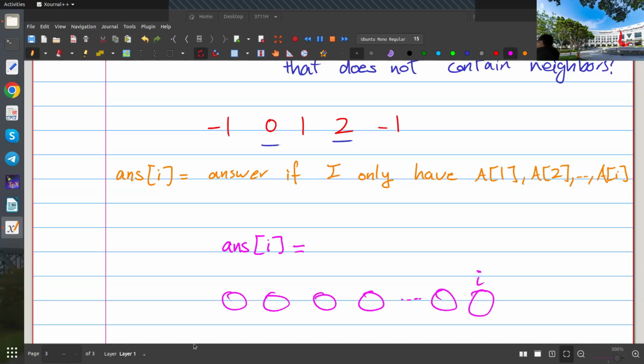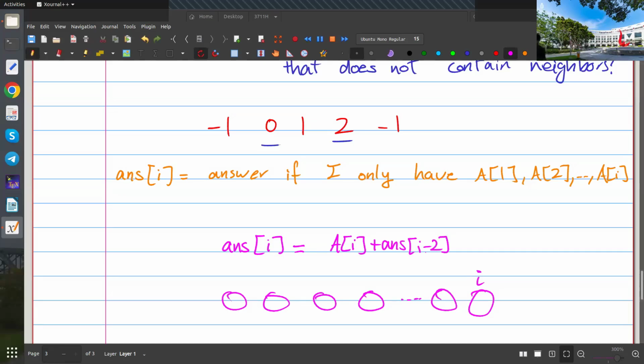If I take the element at index I, then I know that I cannot take the element at index I minus 1 because I cannot take neighbors. But then I can just take whatever subset of elements from index 1 to I minus 2 that I like. So if I take element I I would get AI, and then for the rest, I have ans of I minus 2.